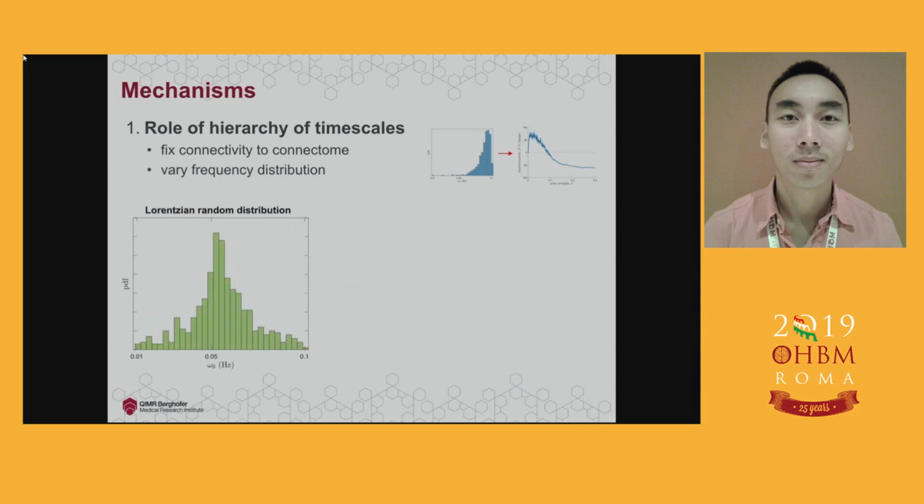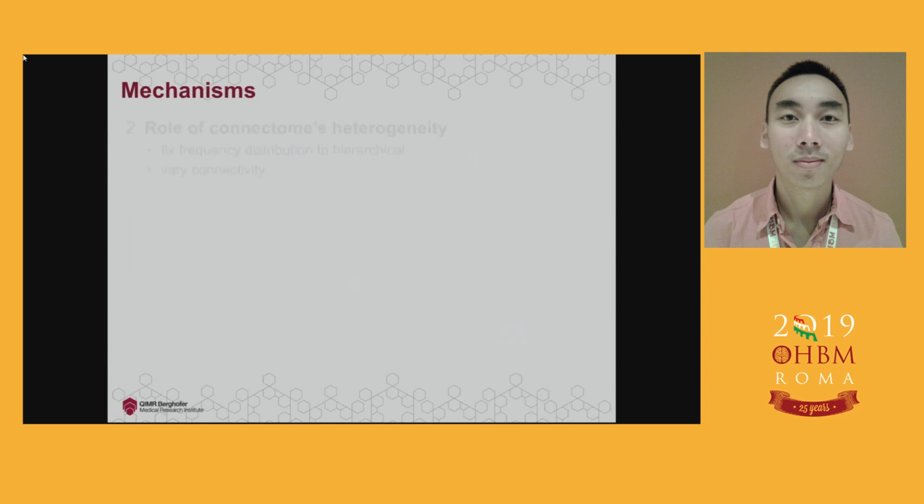But if we change it to a flat-tail distribution like a Lorentzian distribution, we see the effect, but not significantly. So this might tell you that the heterogeneity in the timescales might actually be the reason behind this.